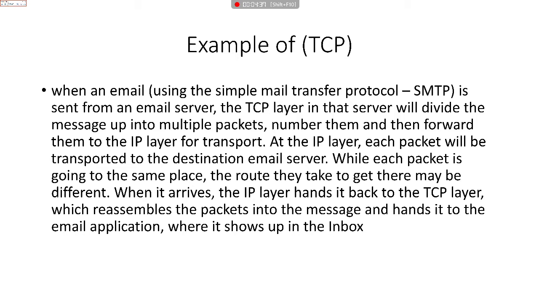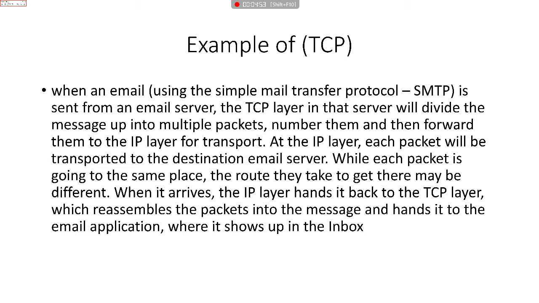Then the number is forwarded back to the IP layer of the transport, meaning the destination of the individual that it's going to at the IP layer. Each packet will be transported to the destination email server.